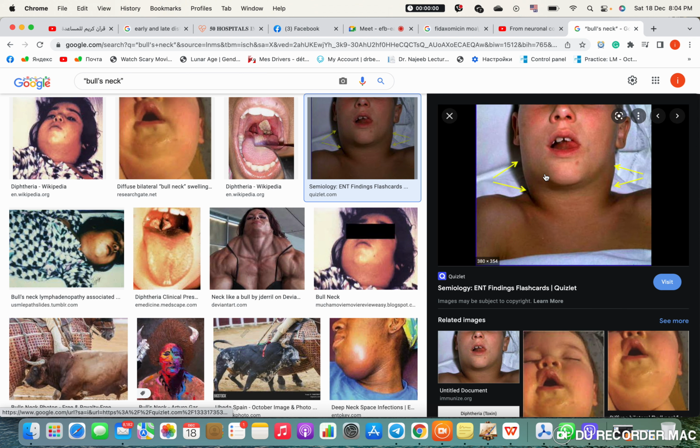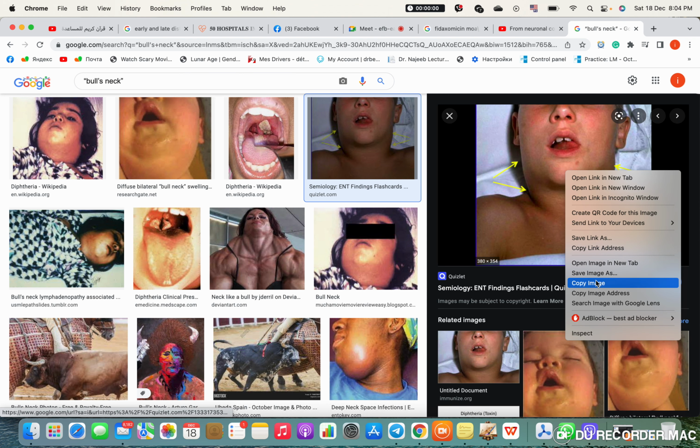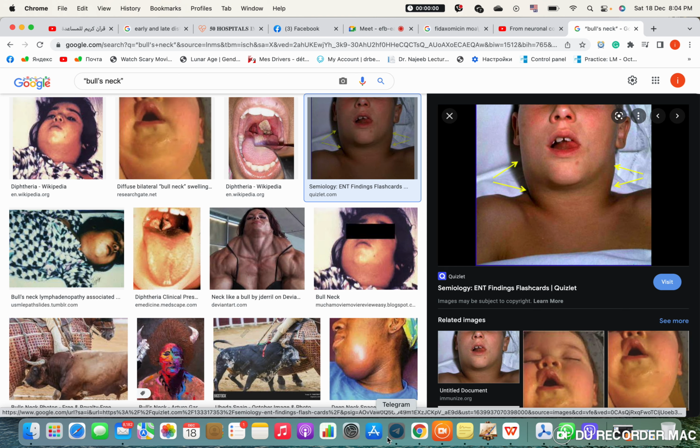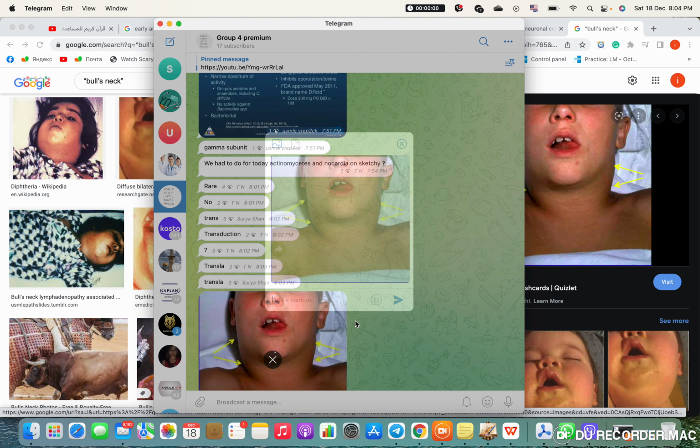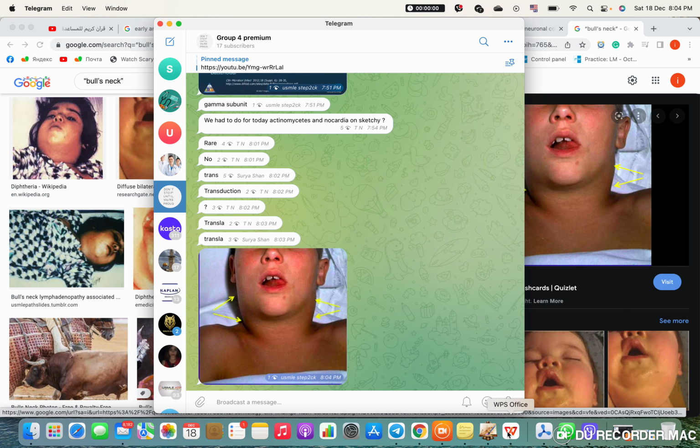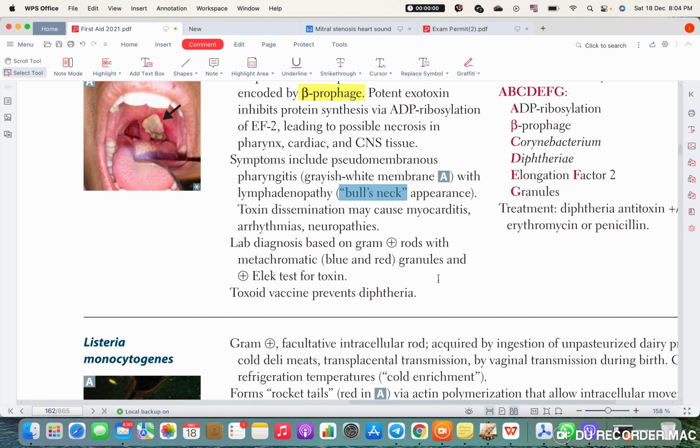Lymphadenopathy. Yep. Toxin dissemination may cause myocarditis, arrhythmia, and neuropathies. Keep in mind that these are late symptoms.